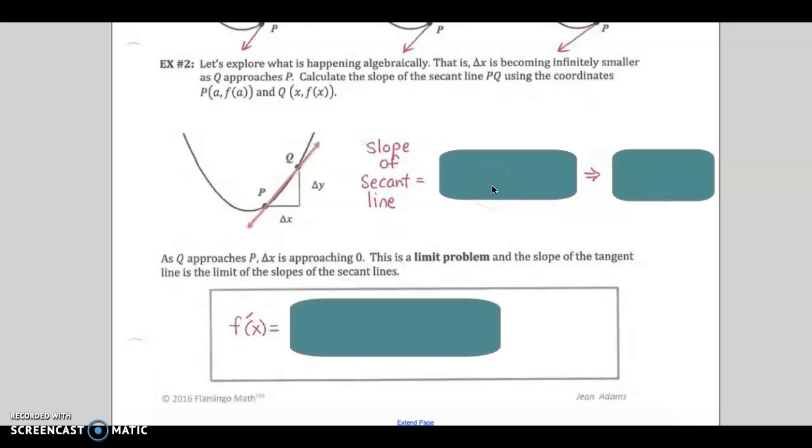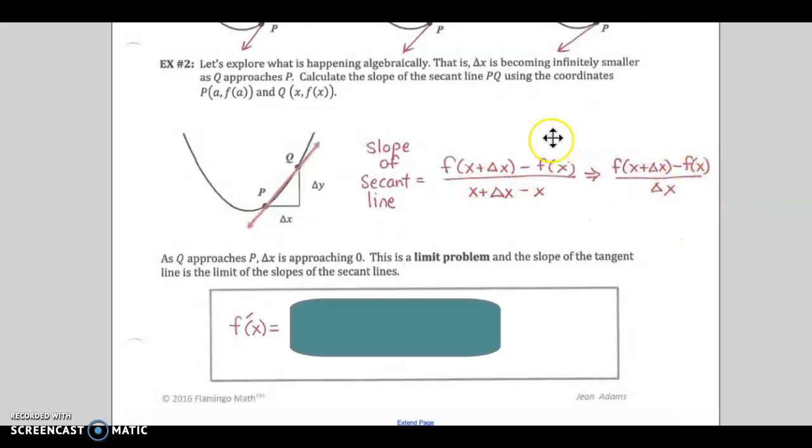The way they have it written, because we don't have certain points, f of x plus delta x is point P. So it's like the y value of P minus the y value of Q, all over the x value of P minus the x value of Q, and then that's just it simplified. This is just a regular formula, but we won't really be using that. They're just showing you the generic or general form.